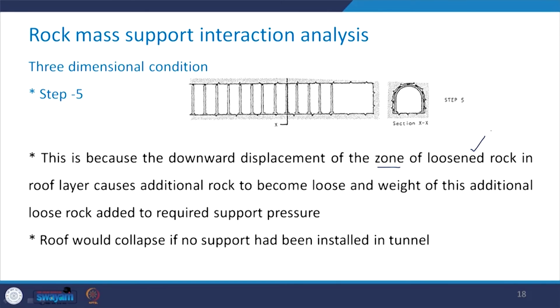So, whatever was the mass in the vicinity of this excavated area gets loosened and also causes additional rock to become loose, and the weight of this additional loose rock needs to be added to the required support pressure.